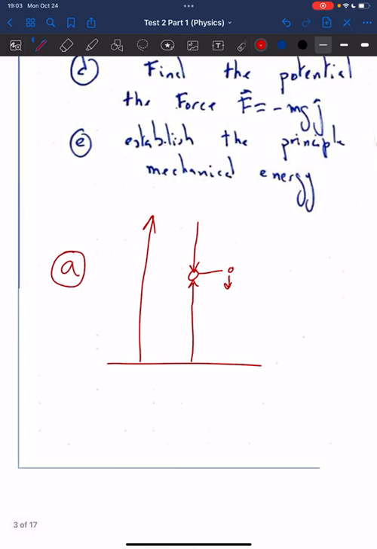In this case, they're talking about this point over here, which is going down.